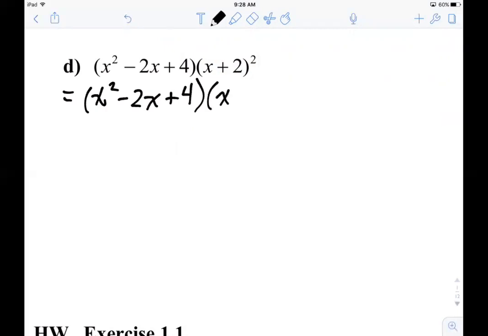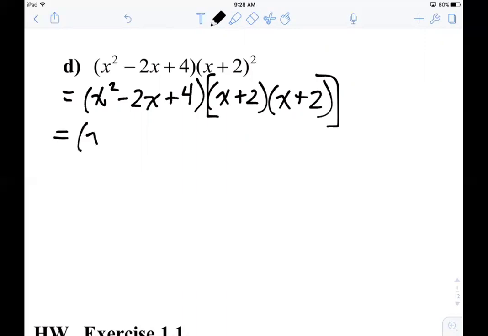And I'm going to represent that squared by rewriting the x plus 2 right beside. And now what I'm going to do is put those square brackets that I've been using around those x plus 2's, because I'm going to use my expansion rules first to expand that out, to multiply those 2 binomials together.